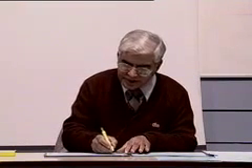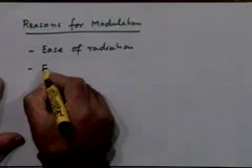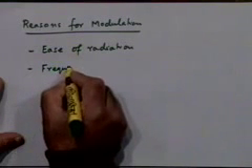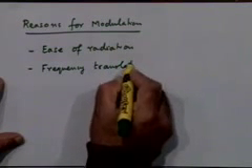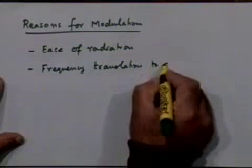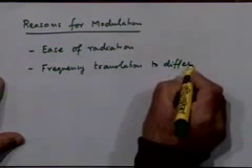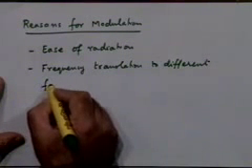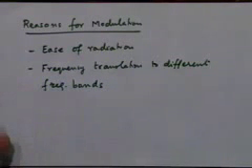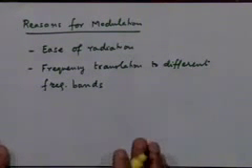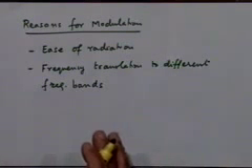So basically, modulation helps you to carry out what we call frequency translation to different frequency bands. And this in turn allows you to make sure that signals do not interfere with each other.